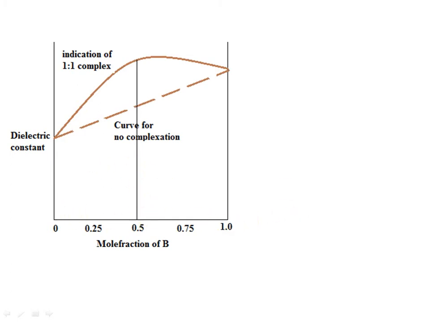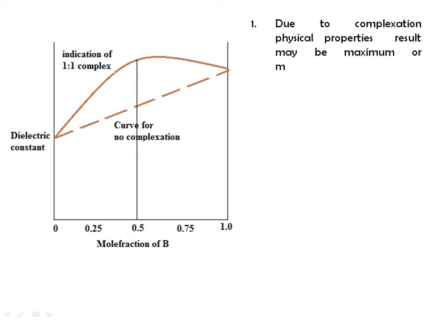Then this ratio will give you a value of the dielectric constant that is nothing but your additive value. Due to the complexation, the physical property may result in a maximum or minimum. If there is no complexation, then the graph will be like this dotted line. If variation is there, and in this graph a maximum value of dielectric constant is there, so we can say that complexation is there.